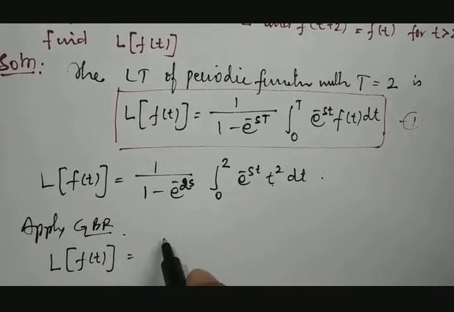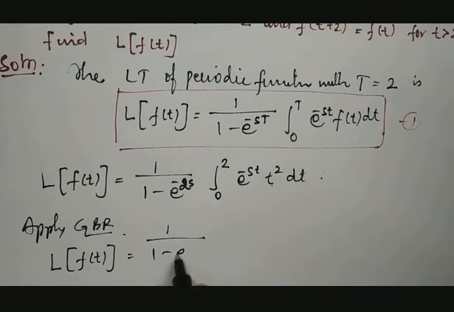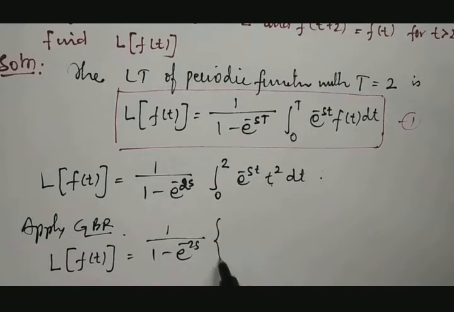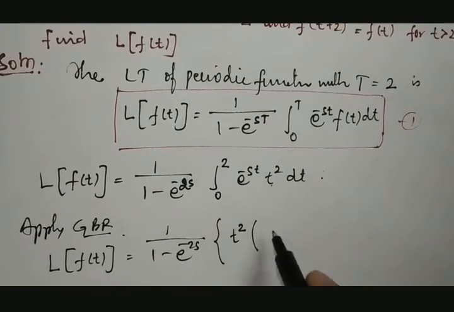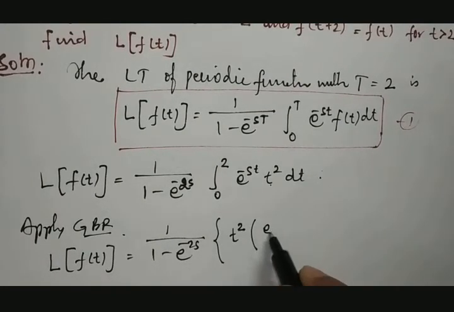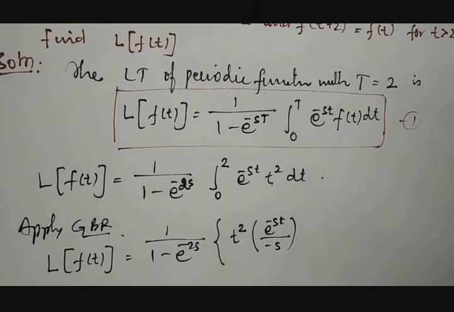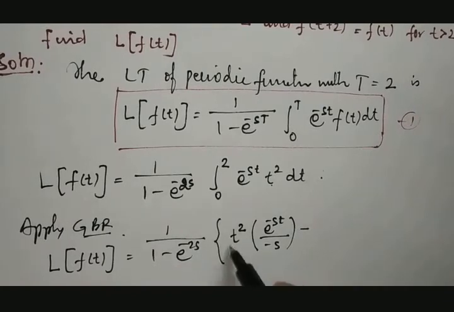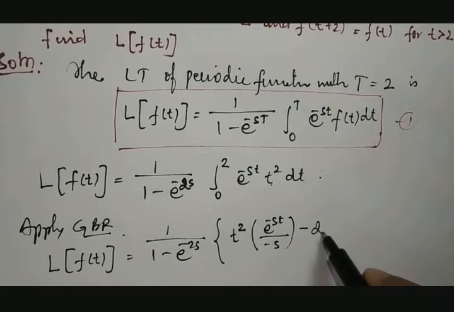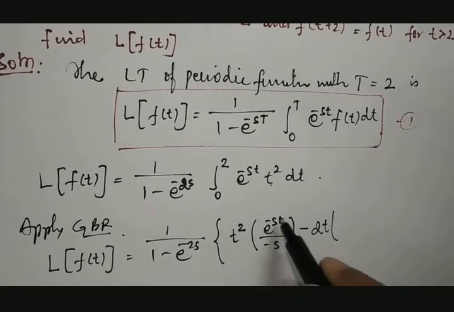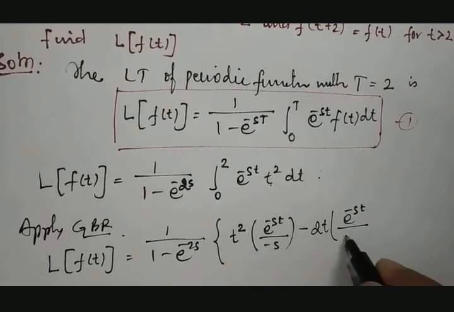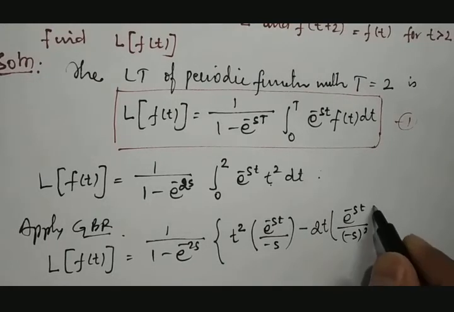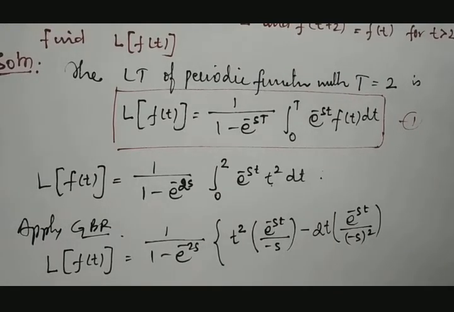Therefore, 1 divided by 1 minus e raised to minus 2s into: first function t square into integration of second function, that is e raised to minus st divided by minus s, minus differentiation of first function, that is 2t, into integration of the second function once again, that is e raised to minus st divided by minus s into minus s, that is minus s the whole square.